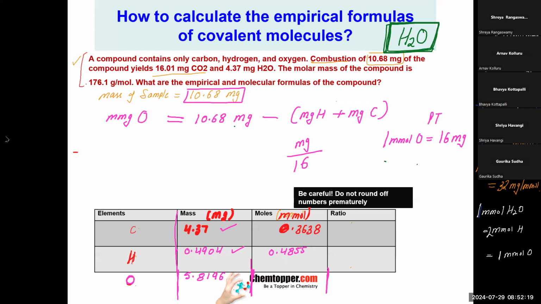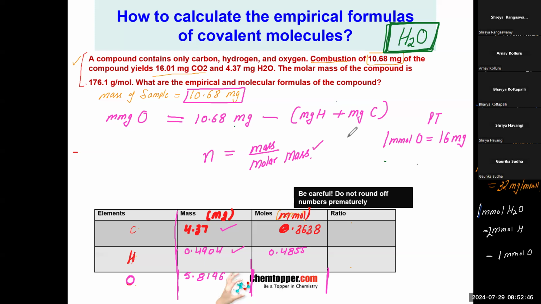I gave you more equations, simple equations, like you can calculate number of moles or millimoles by taking the mass divided by molar mass. So remember these equations also. Of course, dimensional analysis is really good, but sometimes we just want to get rid of the question very fast. Then you can use this also.